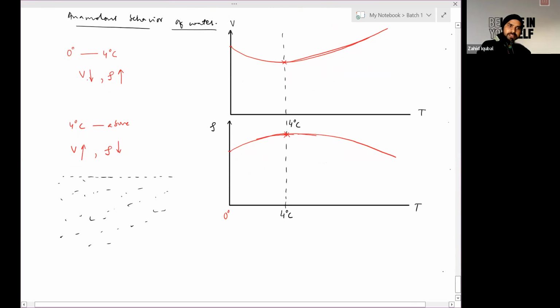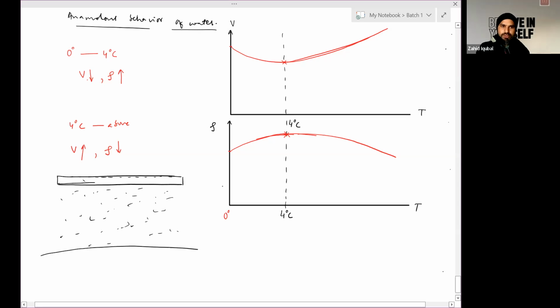On decreasing the temperature of the surroundings, ice will start to form from the surface of water. Since ice has low density as compared to water, it will tend to float. So ice will form on the surface of water.